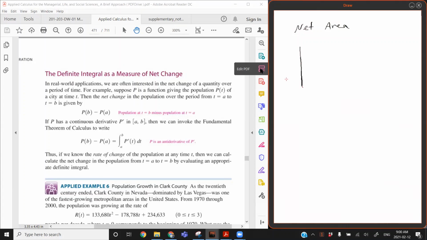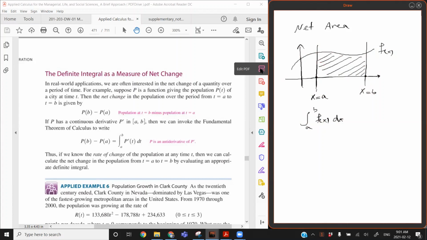So we said that if you have a function f of x, which is positive, meaning it's above the x-axis, within a certain interval from a to b, then this definite integral would be equal to this area: the area above the x-axis, below the curve, between the two vertical lines, x equals a and x equals b.